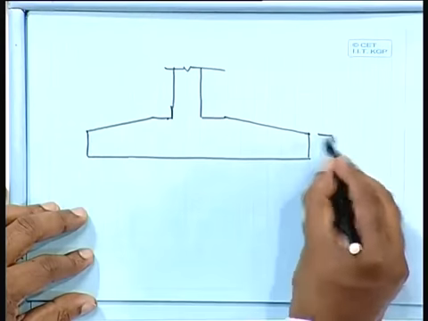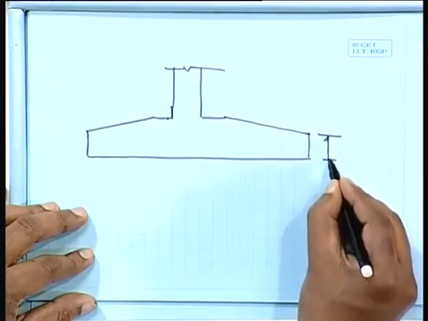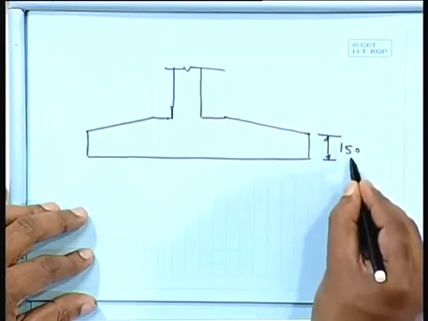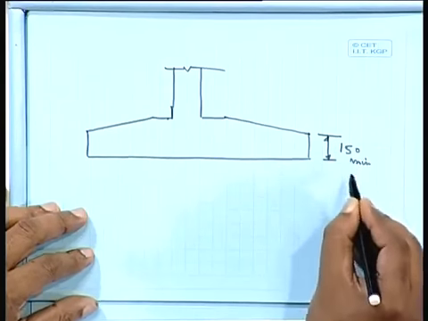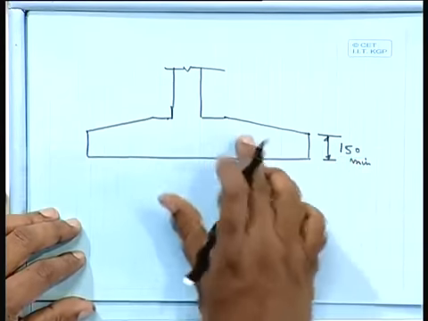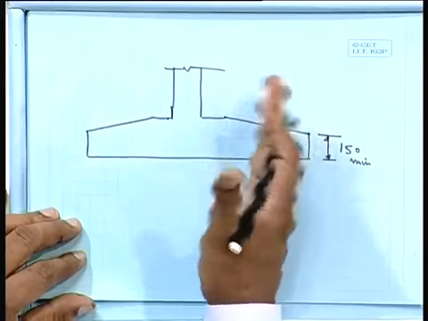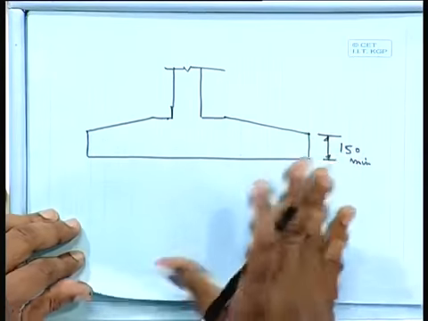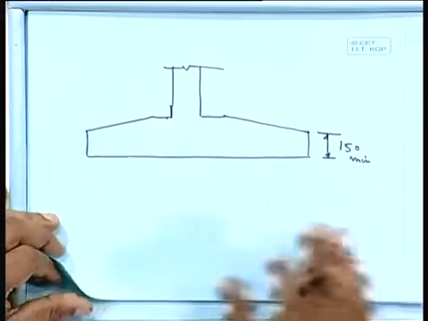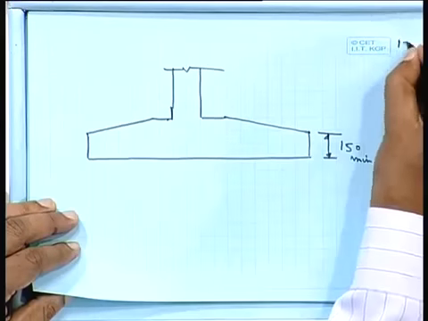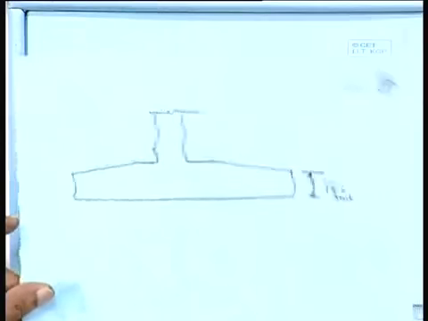We can find out, and it should be minimum 150. 150 is the minimum, we cannot go beyond that. So 150 is the minimum we have to provide if we make it slope. Then again we have to calculate the effective depth and all those things, and that is a separate issue. But here we have considered a constant depth throughout. Okay. So I think we can stop here today.